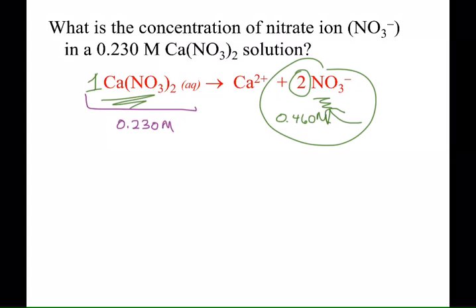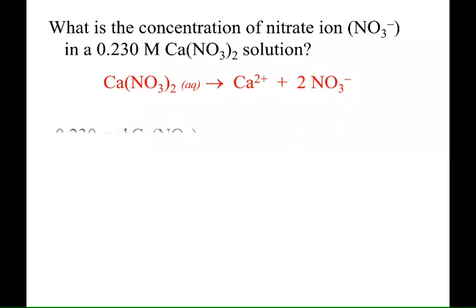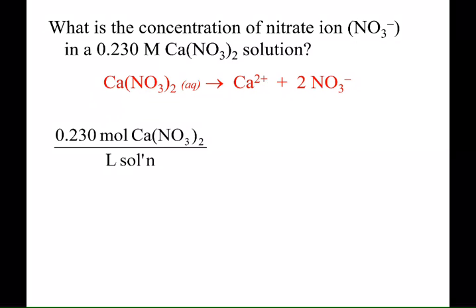Do you buy that? Well, I'm going to show you how to work that using the stoichiometry of the equation, kind of like the spider leg sort of thing. So notice that if we unpack this 0.230 moles per liter of the calcium nitrate, that looks like 0.230 moles Ca(NO3)2 over 1 liter of solution.